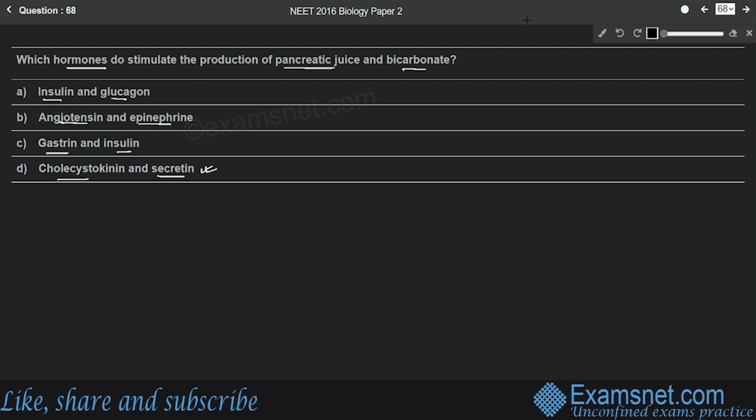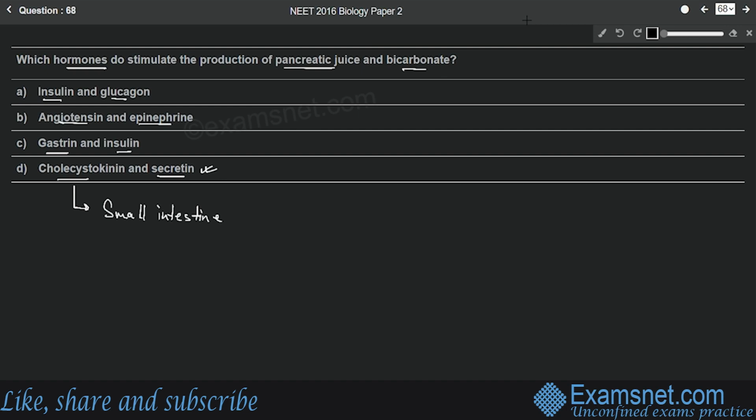So what is the function of cholecystokinin? Basically this is a hormone which is produced in our small intestine, and it has a fundamental role in the digestive process. When fats and proteins enter our small intestine, this hormone triggers the gallbladder and pancreas to contract.